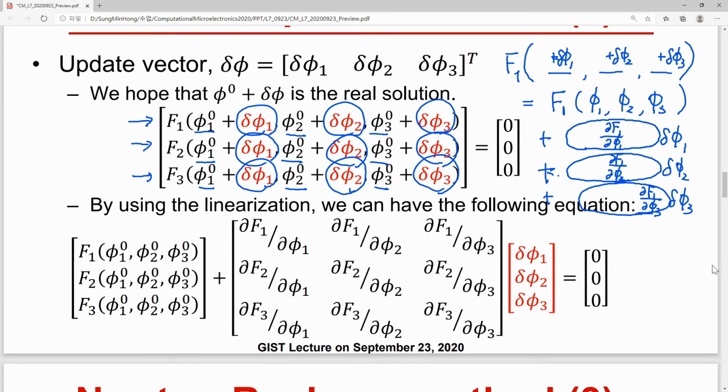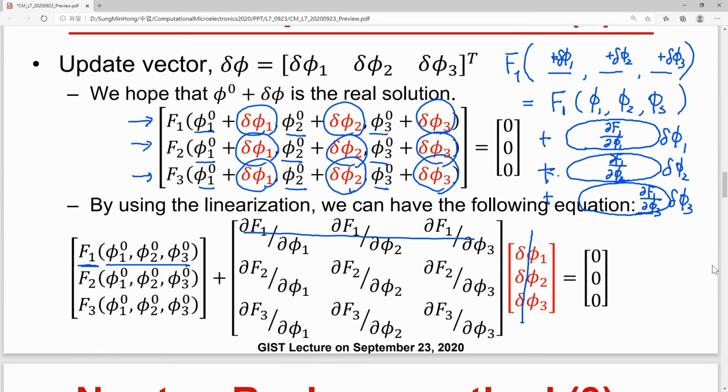The first row just looks like this. This one, f1 evaluated with our temporal solution, the current solution. And now here we have a matrix vector multiplication. But since we are working with the first row, just to evaluate this multiplication, that will give you the first row of this vector.